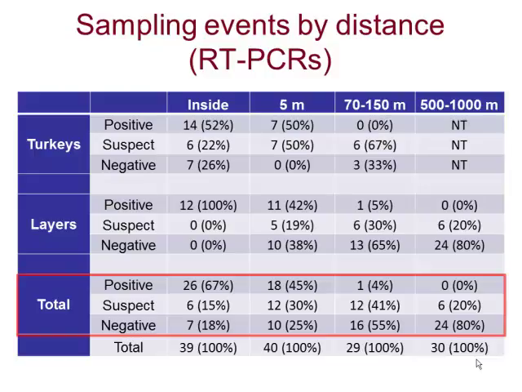We were successful at detecting quite a bit of quantity of virus at that distance. And then the rest of the samples were suspect at 500 and 1,000 meters. We only got 20% of our samples suspect. None of them were positive, but we detected low quantity of virus at distances between 100 meters and 1 kilometer.